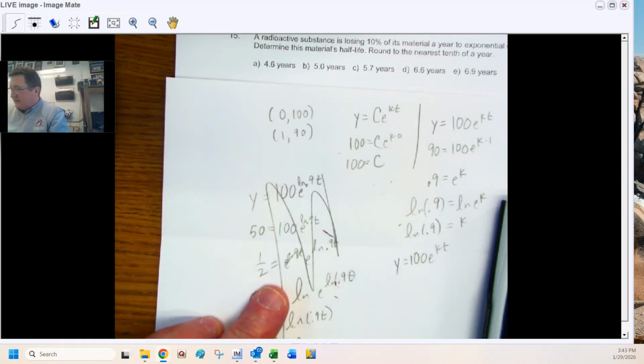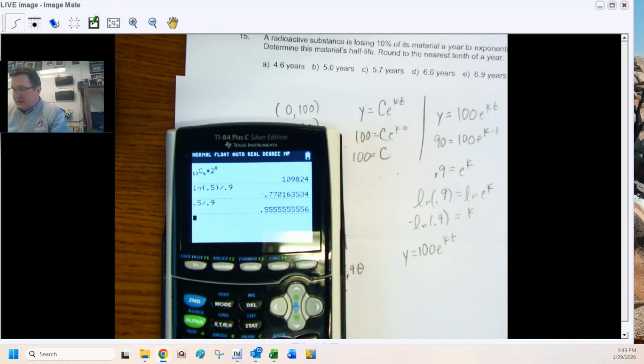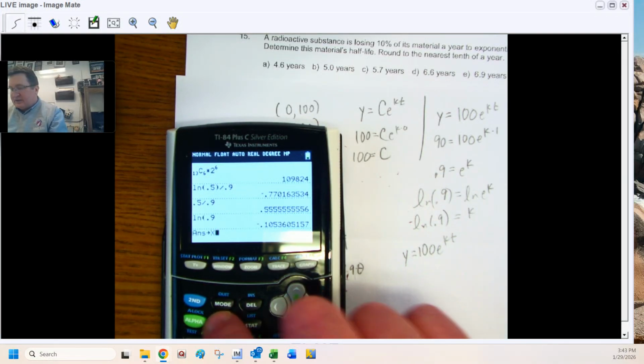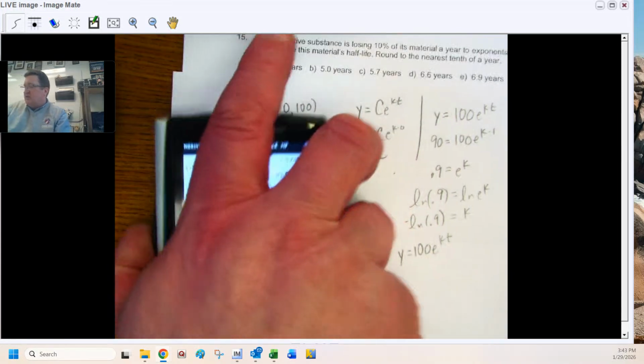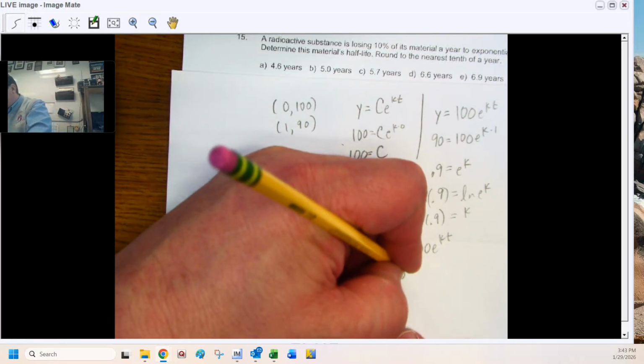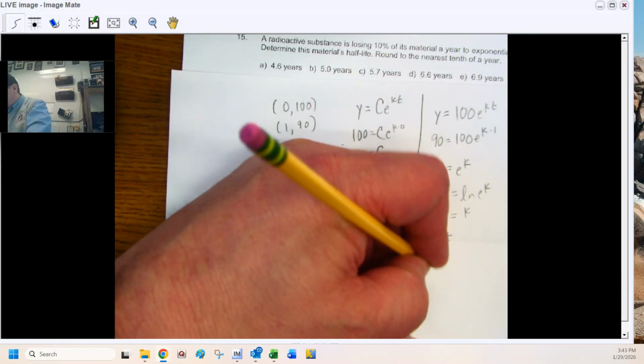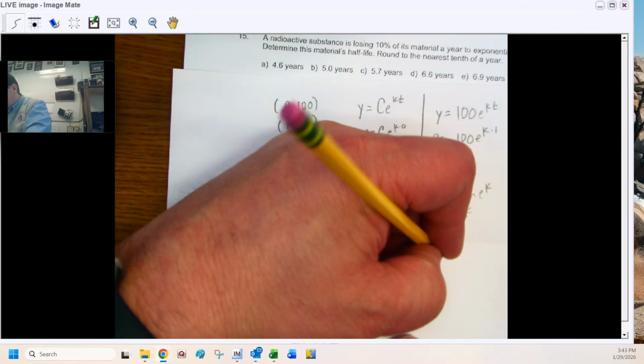I have a feeling I just made an algebra mistake. Let's store in our calculator what the ln of 0.9 is. So ln 0.9, and we'll just store it as x. I could have stored it as k, I suppose. And then 50 would equal 100e^(kt).